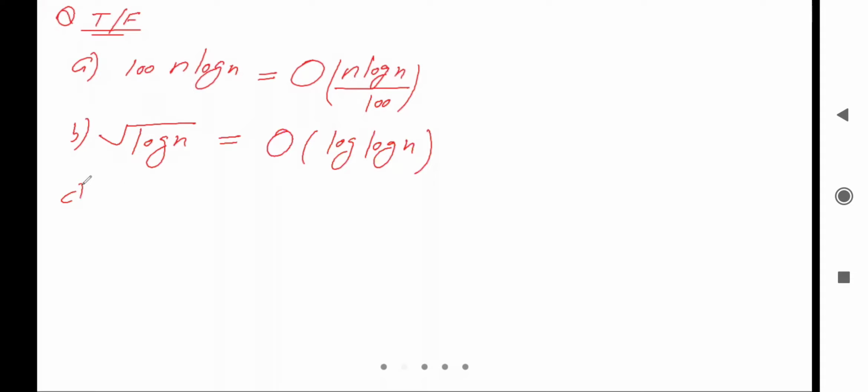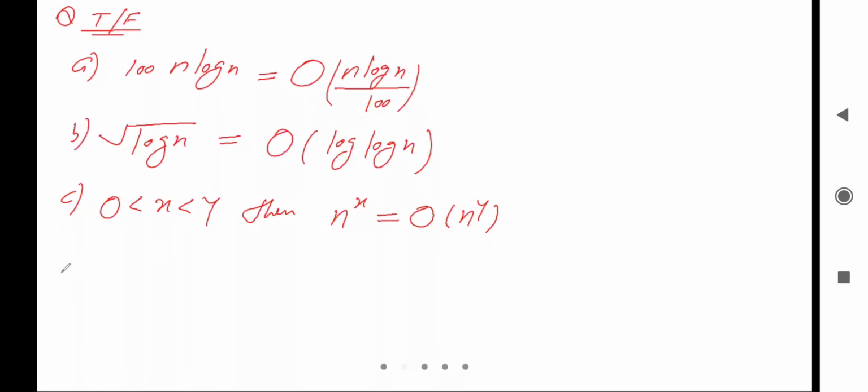Next, option c, here it is 0 is less than x is less than y, then n power x equal to order of n power y.